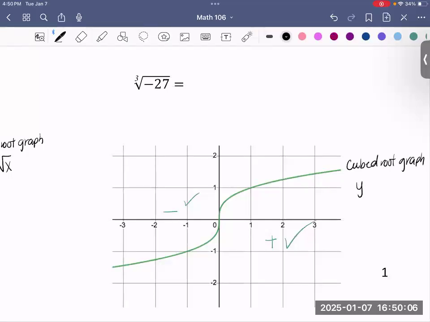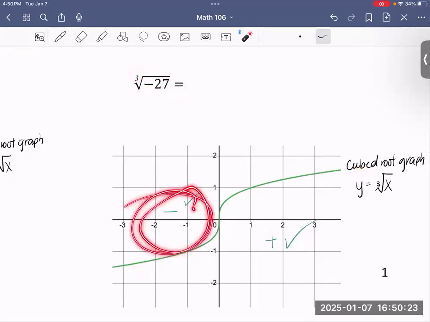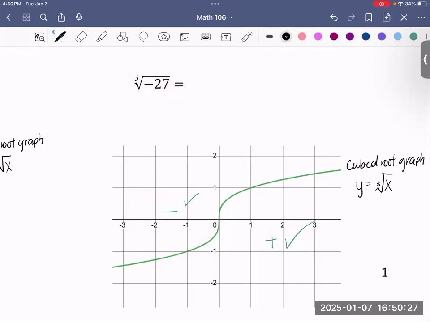Just a standard one, y is equal to the cubed root of x. So if we were to evaluate the cubed root of -27, is this allowed? Yes, right? Because if it's a cubed root graph and you see a cubed root here, negative evaluations are okay, which now just leads us to figure out, okay, well, what is it simplifying?